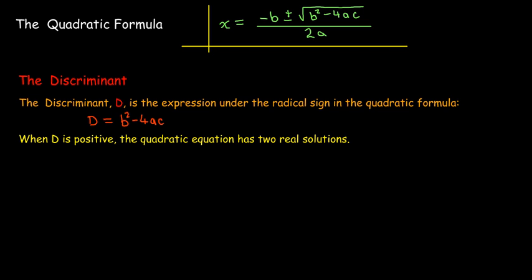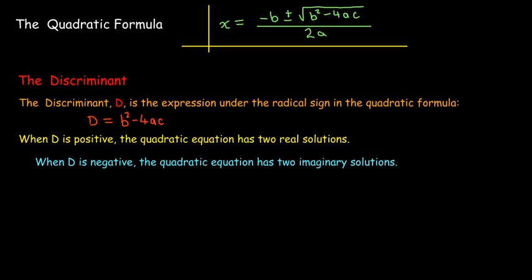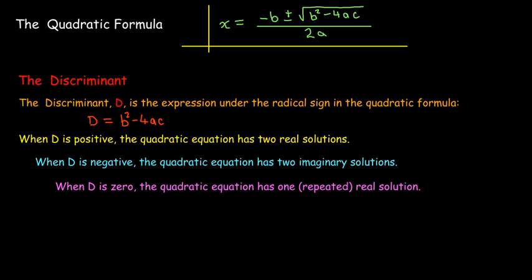If it's negative, you'll have 2 imaginary solutions, or complex solutions with a non-zero imaginary part. We'll be seeing those when we look at complex numbers. If d equals 0, then you have only one real solution. We say it's repeated. We'll talk more about that in a later chapter.